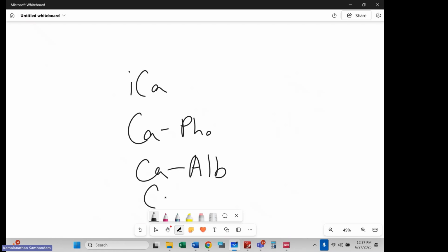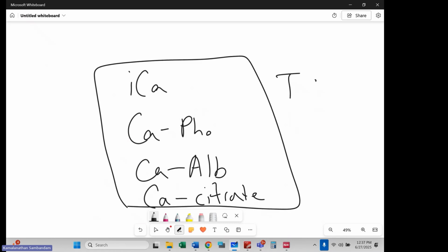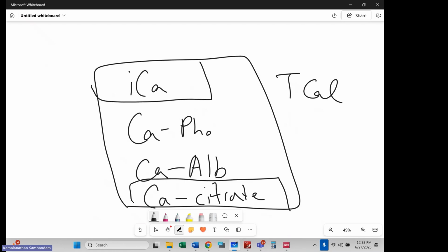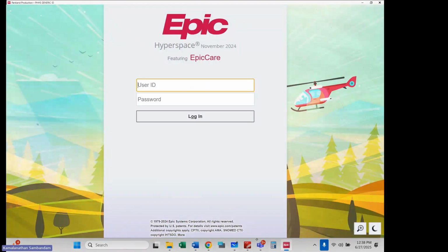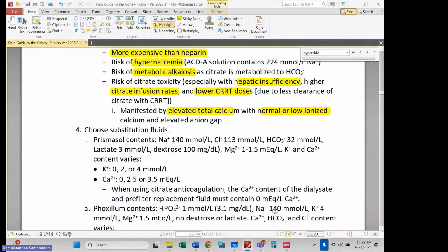And if you happen to have calcium complexed with citrate, that too is going to be contributing to your total calcium, okay? So if my total calcium is normal, because some proportion of total calcium is calcium citrate, but my ionized calcium is low, that is a giveaway for citrate toxicity, okay? So look for that as one sign of citrate toxicity.